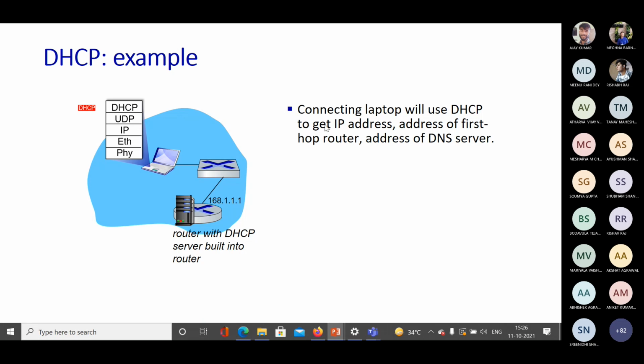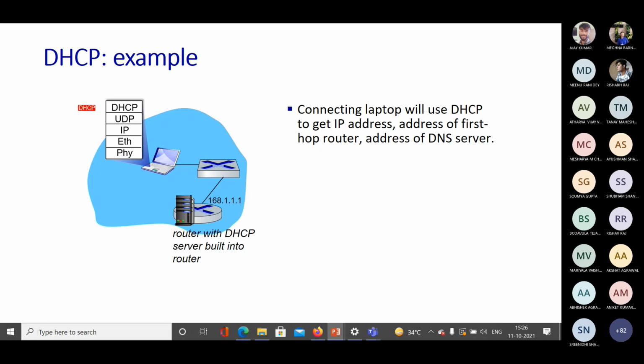We are going to connect a laptop which uses DHCP to get the IP address. The address of the first hop router will also be given with this, and the address of the DNS server will also be given by the DHCP server.